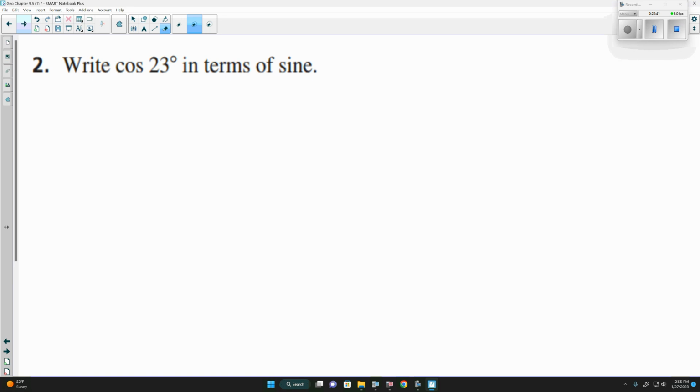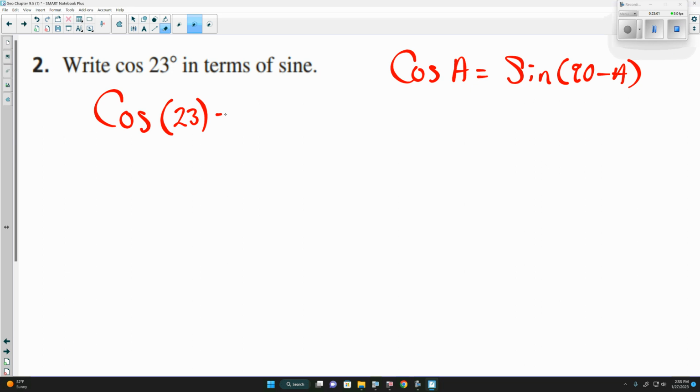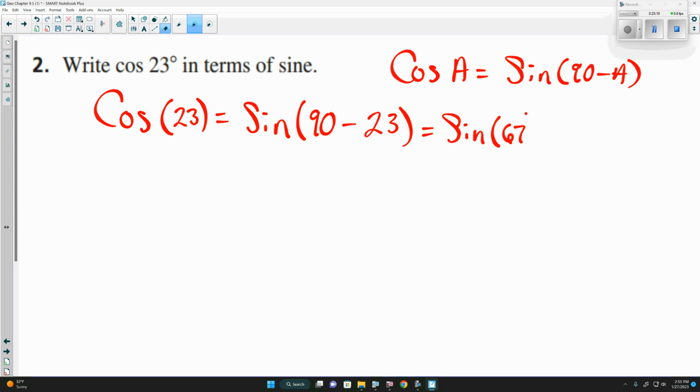All right, write cosine of 23 in terms of sine. Well, start at cosine instead of regular sine. So guys, let's focus in. So cosine of A is equal to sine of 90 minus A. So cosine of 23 is equal to sine of 90 minus 23.